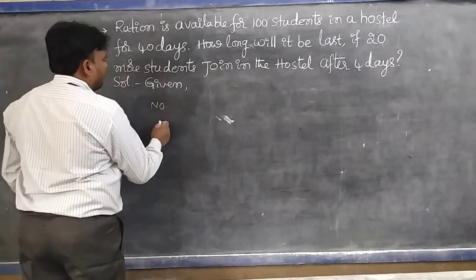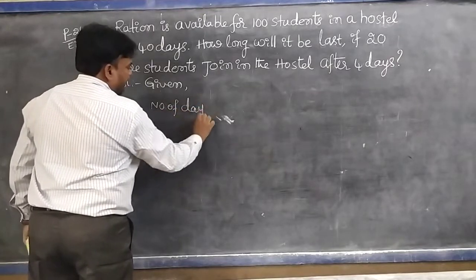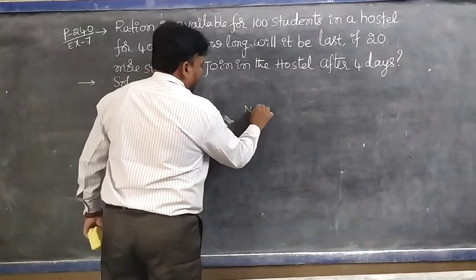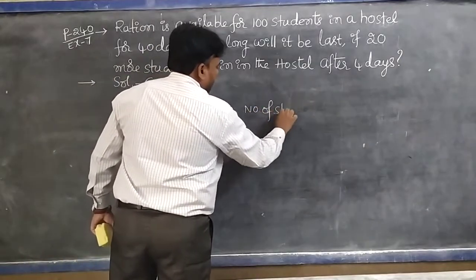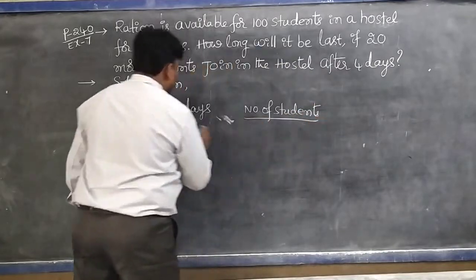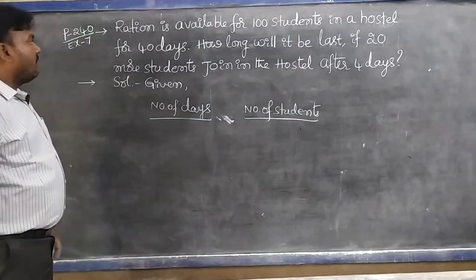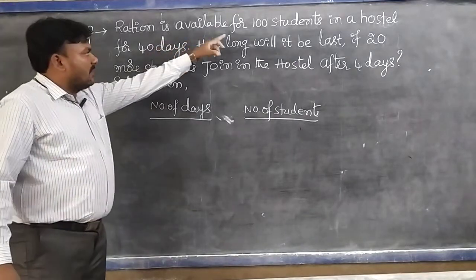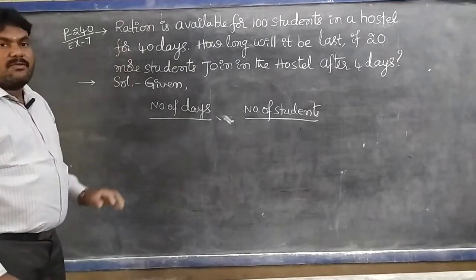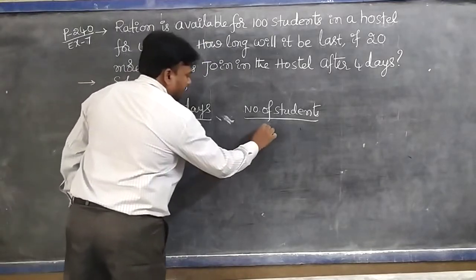Number of days and also number of students. Observe students here. Number of days, first one, 40 days. Ration is available for 100 students in a hostel for 40 days. So 40 days, 100 students.